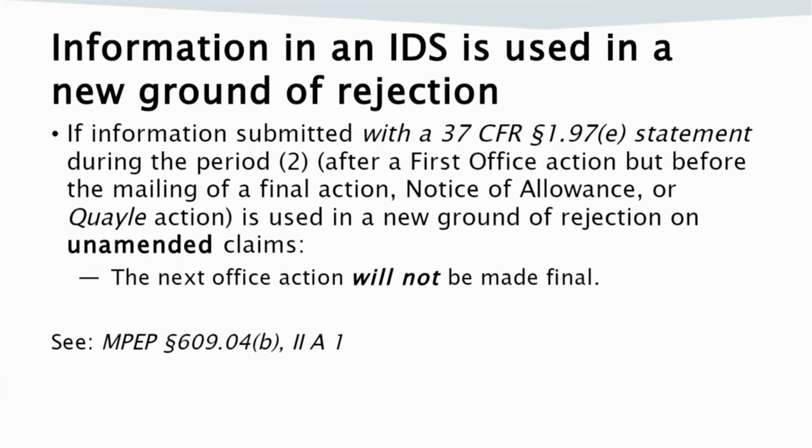The next office action will not be made final since in this situation it is clear that the applicant has submitted the information to the office promptly after it has become known and the information is being submitted prior to the final determination on patentability by the office.